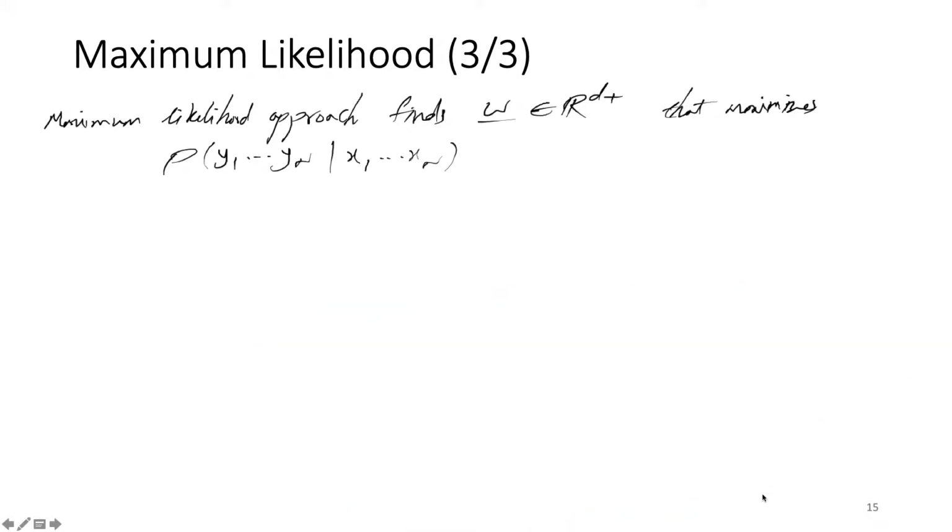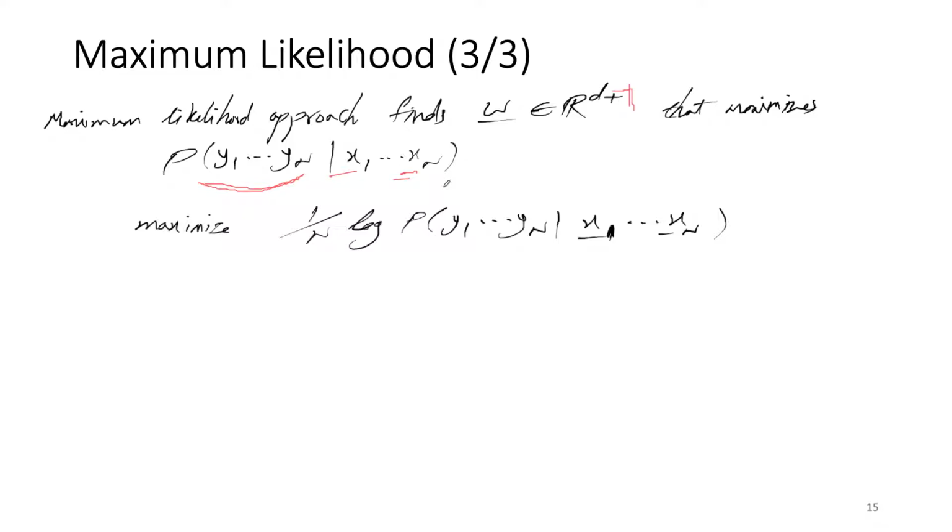So in general, the maximum likelihood approach finds W's within R of t plus 1 that maximize the conditional probability of all the labels given those x's, and all of them could be vectors themselves, right? So we want to maximize the log conditional probability of this. It's as if we are maximizing the log likelihood of having this phenomenon happening.